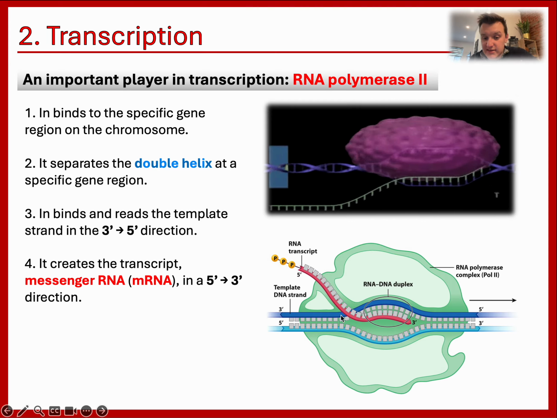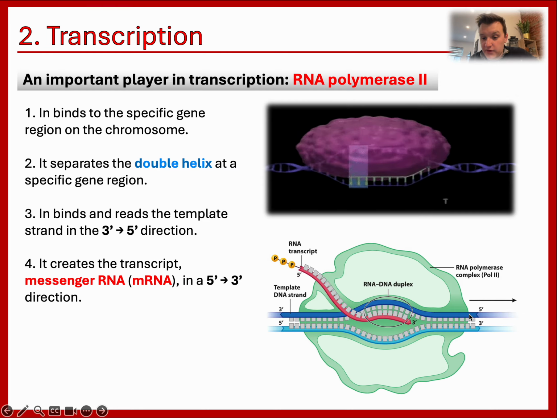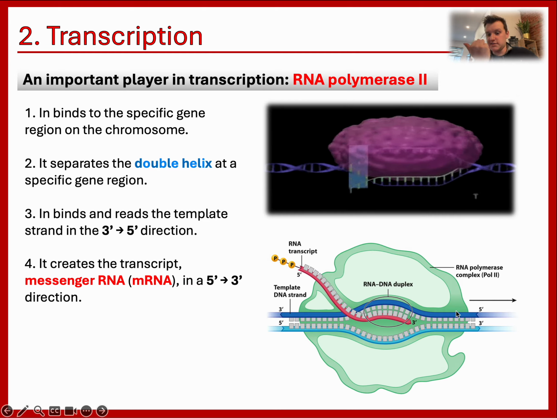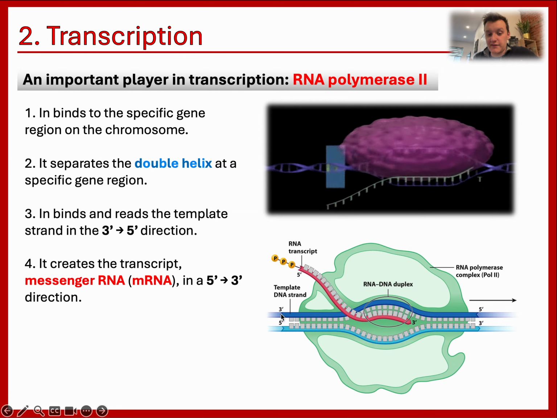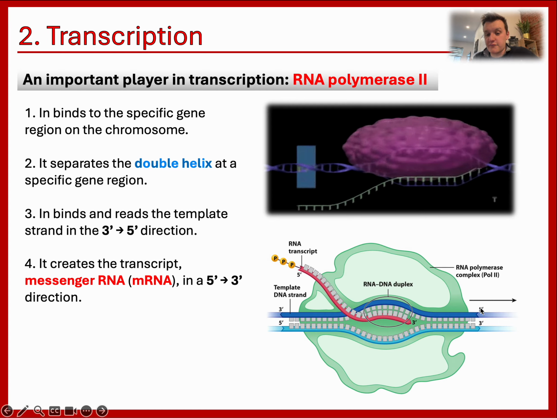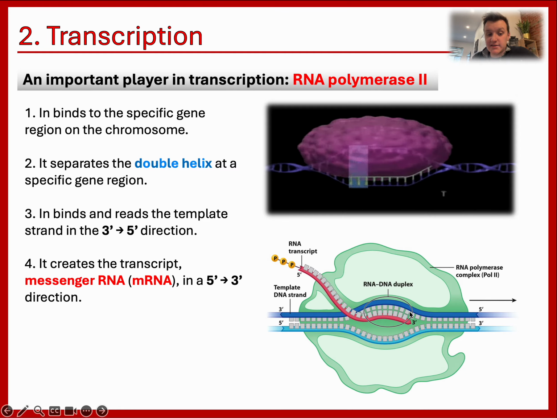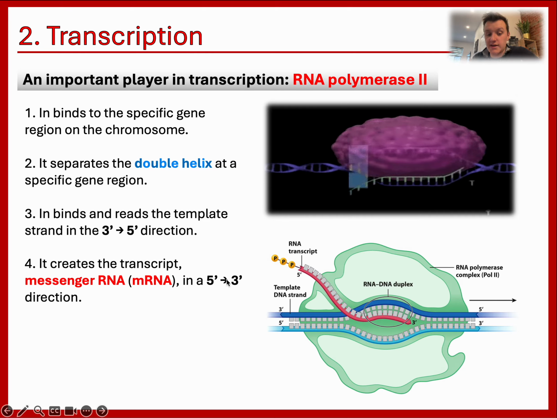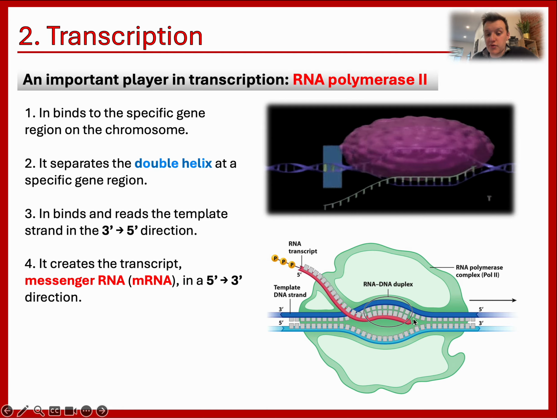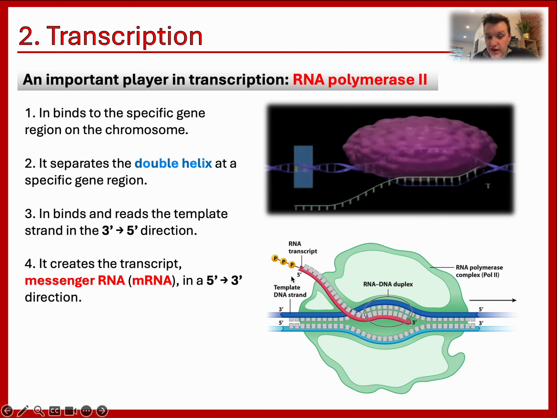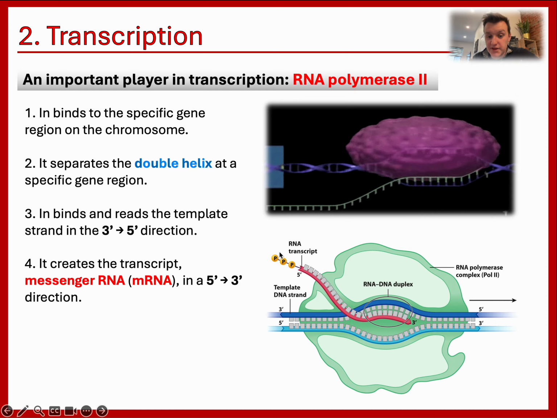So you see the RNA, look at the arrow here, it is going to the right. It is reading from the 3' to the 5', and it will make the messenger RNA strand 5' to 3'. Look at the new developing strand. This is where it started being made, right?